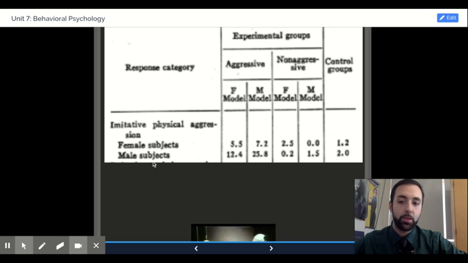So these are the children. So male children, when they watched a female act aggressively, there were about 12.4 instances of aggression when they were placed into the room. But even more surprisingly, when they watched a male in the video act aggressively, that spiked all the way up to 25.8. So the condition that yielded the highest degree of aggression was male children watching a male model in the video.